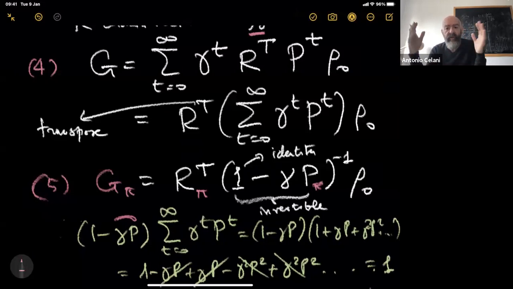The function is still convex, so it has nice properties, but it's strongly nonlinear. So why are we happy with this anyway? Because we know how to take derivatives of inverses. So we can apply the chain rule here. And that's what we're going to do now to derive the gradients.